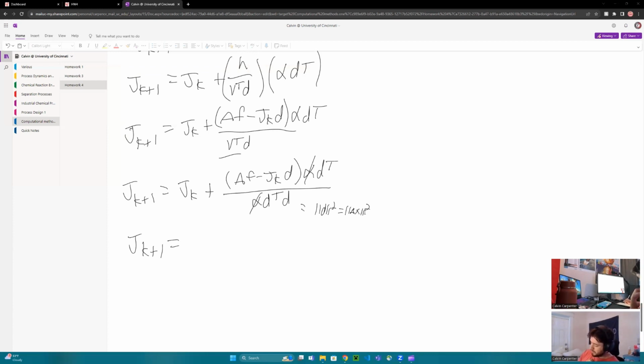So jk plus 1 equals jk plus delta f minus jkd times dt over, I'll substitute the other delta x's in there at some point, so delta x squared. And then finally, I can do it all now.